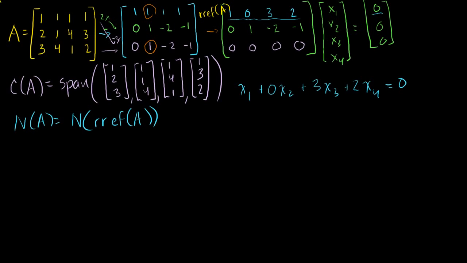And then I'll do it in yellow right here. I have 0 times x1, plus 1 times x2, plus x2, minus 2 times x3, minus x4 is equal to 0. And then this gives me no information. Zeros times all of this is equal to 0. So it just turns into 0 equals 0.